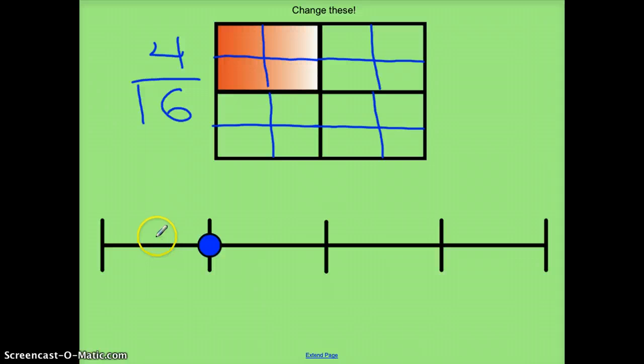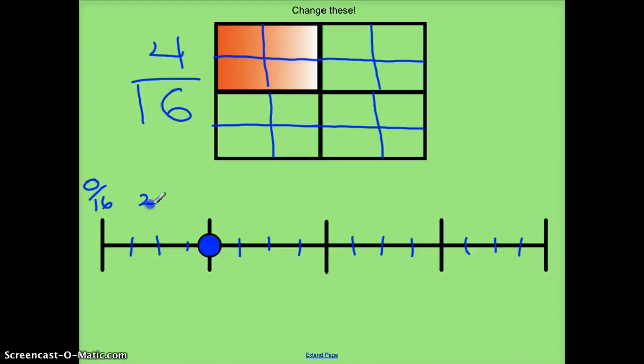This segment will be split into 4 sections, 1, 2, 3, 4. Same thing here, here, and here. So I'll count 1, 2, 3, 4, 5, 6, 7, 8, 9, 10, 11, 12, 13, 14, 15, 16. So I think I have 0/16.